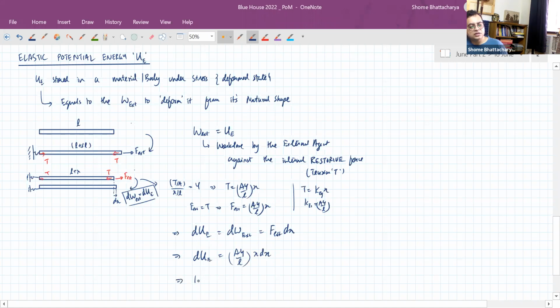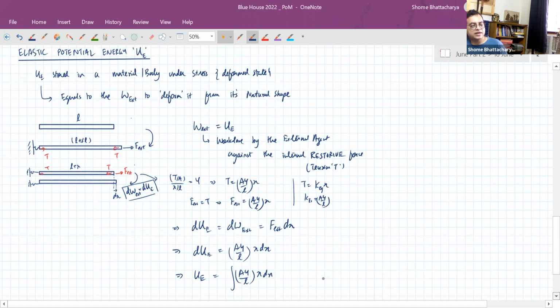So the total potential energy stored is the integration of this when we take x from its initial value, which was 0 because we're starting from natural length, to x equal to delta L, the total elongation.